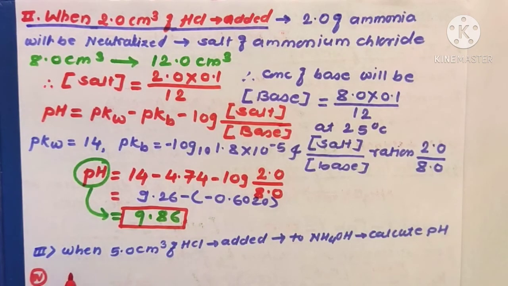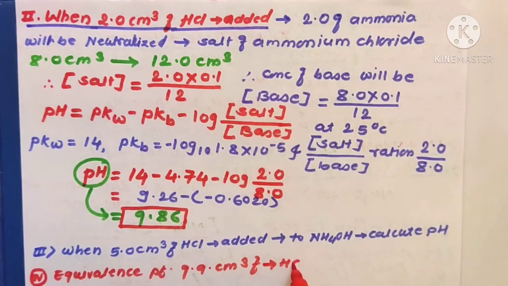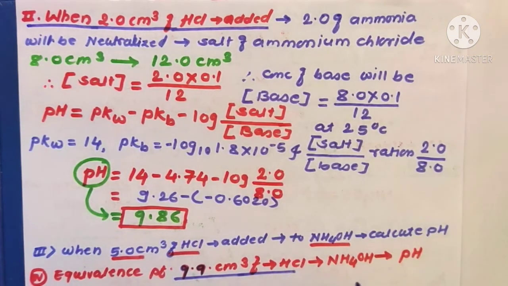And the second one, in the vicinity of the equivalence point, when 9.9 cm cube of HCl is added to the NH4OH solution, then calculate the pH of the solution. Okay, these are the two practice examples: when 5.0 cm cube of HCl is added to the NH4OH solution, and the second one near the equivalence point, when 9.9 cm cube of HCl is added to the NH4OH solution.